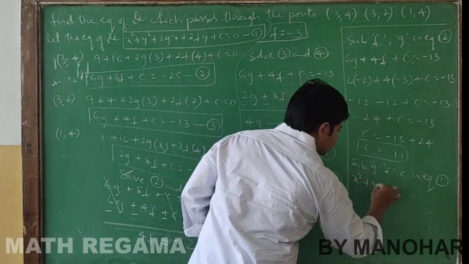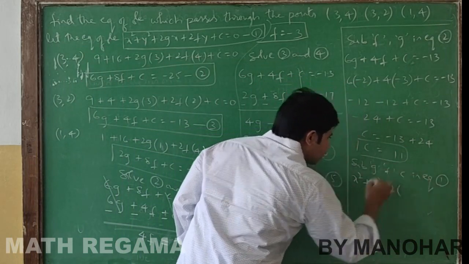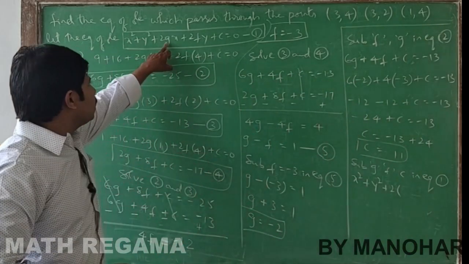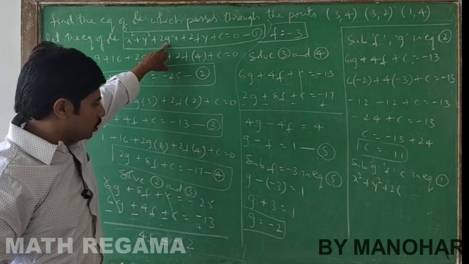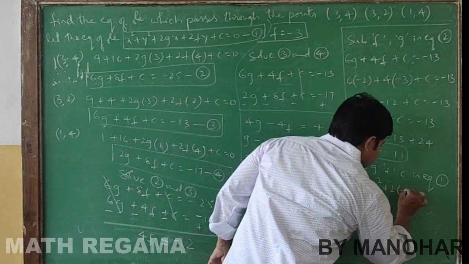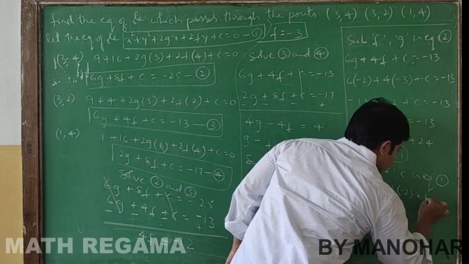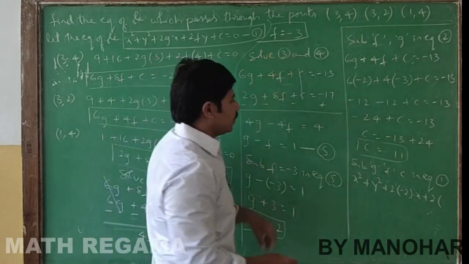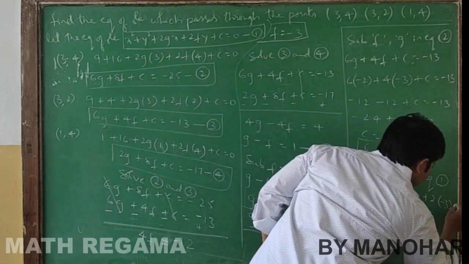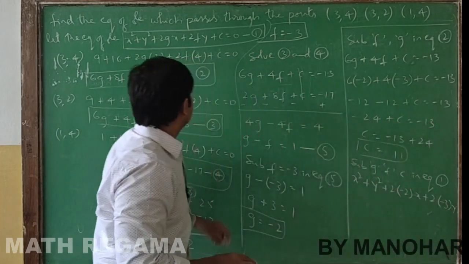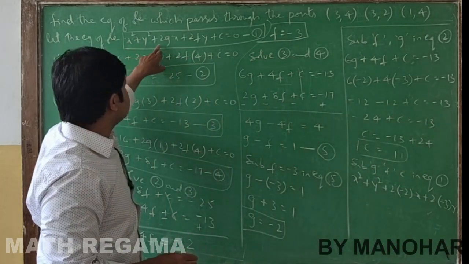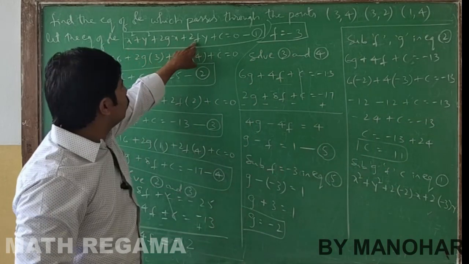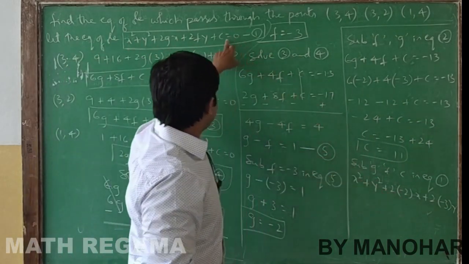What is the equation of circle? x square plus y square plus 2gx. I am directly substituting in equation 1. What is the g value? Minus 2. Minus 2x, plus 2 into the f value, minus 3, into y. So x square plus y square, as it is, 2gx I substituted, 2fy plus c.